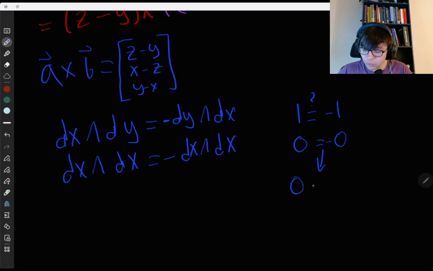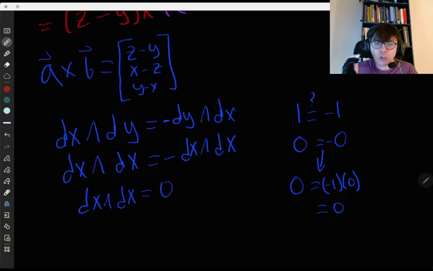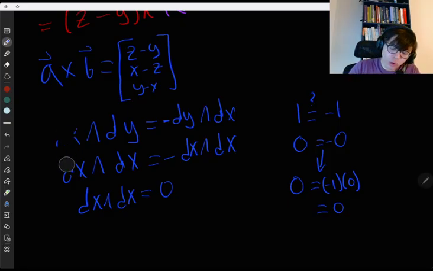So this really is equal to -1 times 0, and anything times 0 is just 0. So the only time this can be true is if this is equal to 0. So we're going to use this property to derive the cross product.